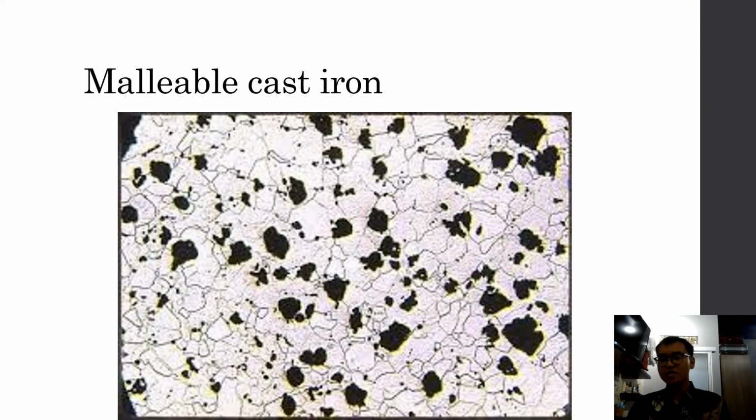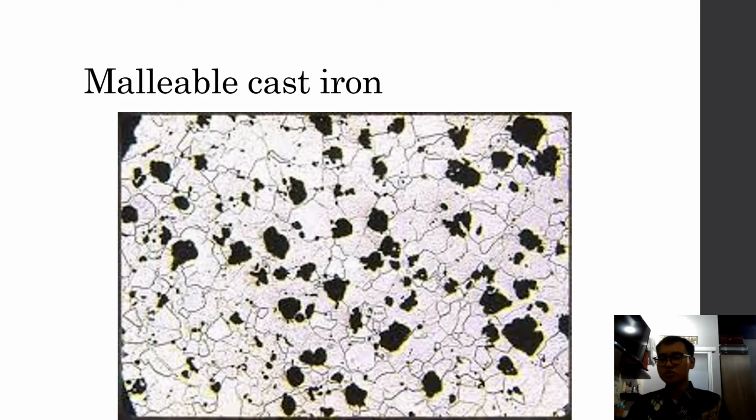Malleable cast iron is produced by a special heat treatment of white cast iron, namely heating at about 950 degrees Celsius for nearly 50 hours, followed by slow cooling, which causes cementite to decompose to ferrite and carbon in the form of graphite, in the form of rosettes or clusters embedded in the ferrite matrix.